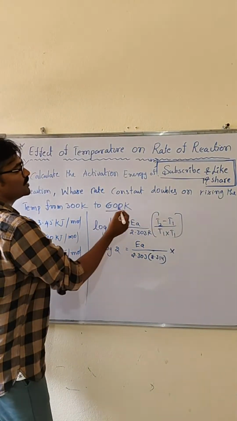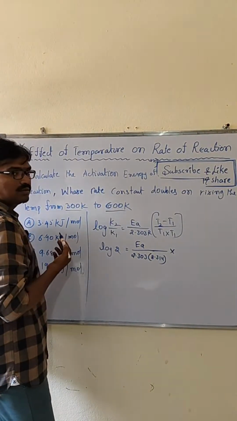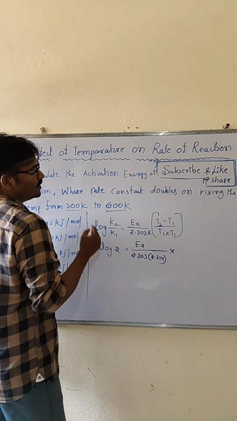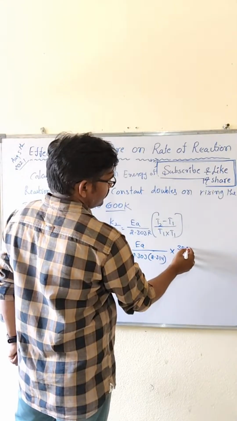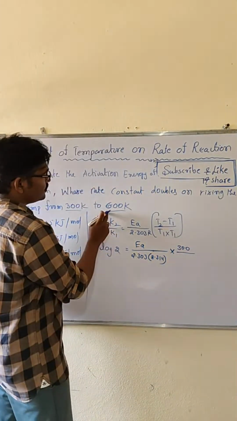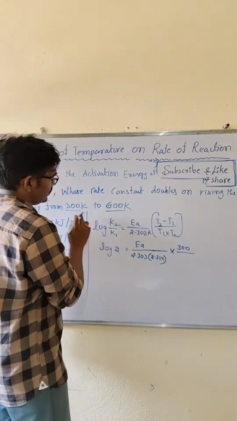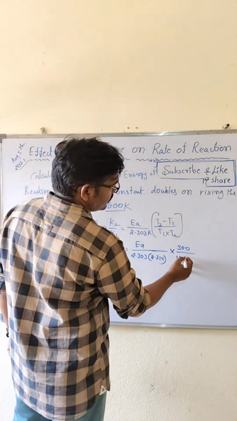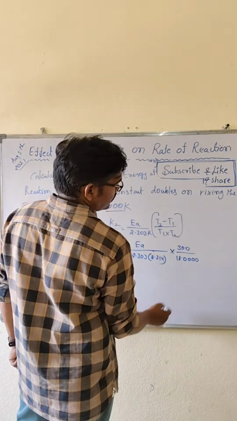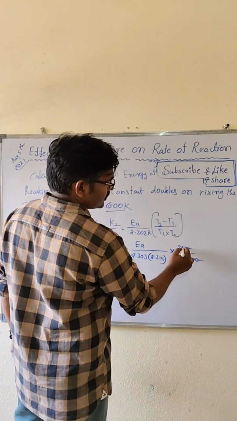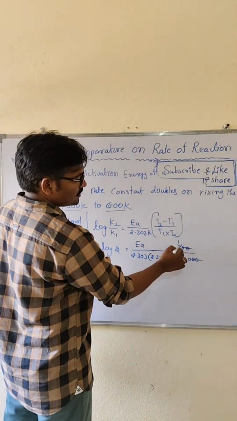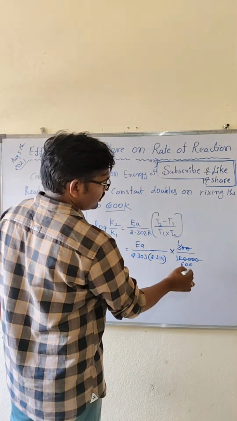T2 is 600 and T1 is 300, so 600 minus 300 gives 300. Divided by T1 into T2: 3 sixes are 18, then 4 zeros. The 2 zeros cancel, leaving 600.